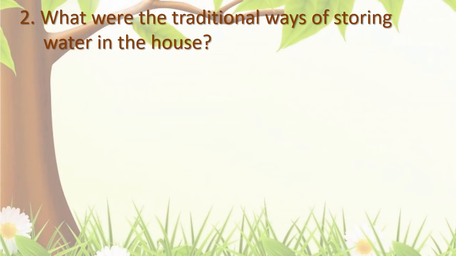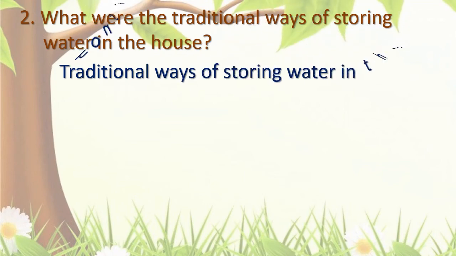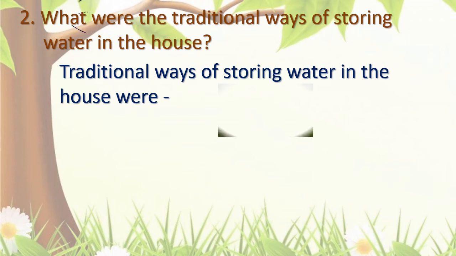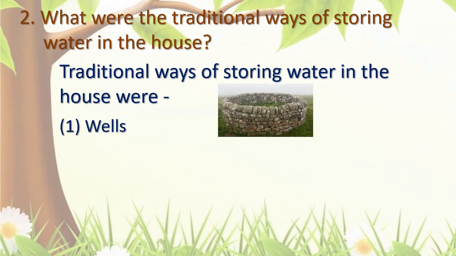Second question. What were the traditional ways of storing water in the houses? Please go through the question once again. What were the traditional ways, old ways of storing water in the house? Yes, you know that. The traditional ways of storing water in the house were, first one, wells.